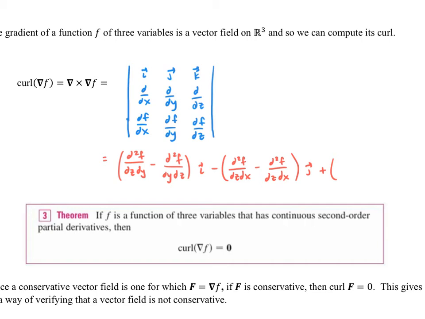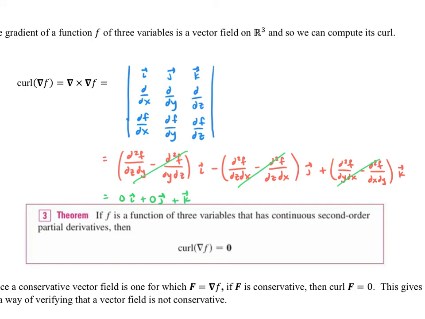Then we have the second derivative of f first with respect to y, then x, minus the second derivative of f with respect to x, and then y. And if you notice, because of Clairaut's theorem, each one of these is going to cancel out to 0. And so what we get is the 0 vector. If that doesn't make sense, we could do it this way too. So we end up getting the 0 vector here.